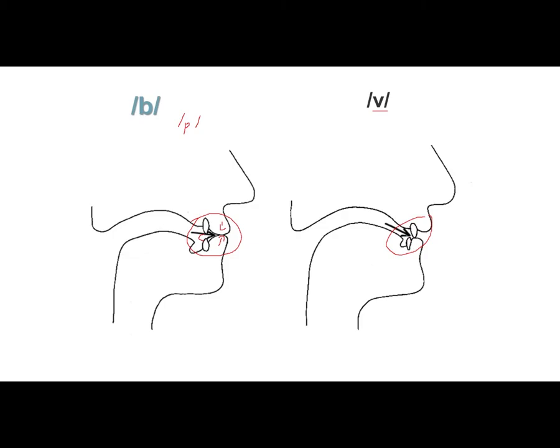But V is voiced, while F is not. So we see how voicing is an important distinction, because we have some sounds whose only difference is the voicing. So it is important to know, and it is important to try to help students with that.